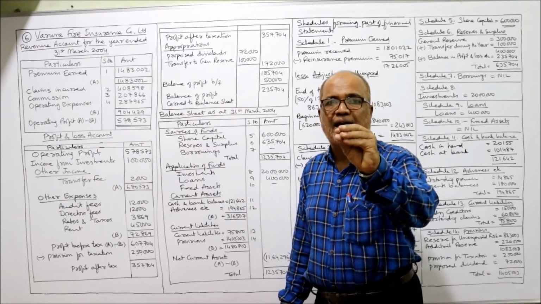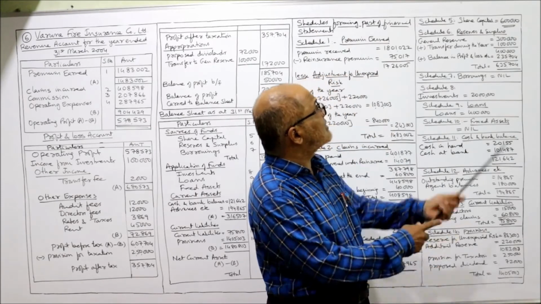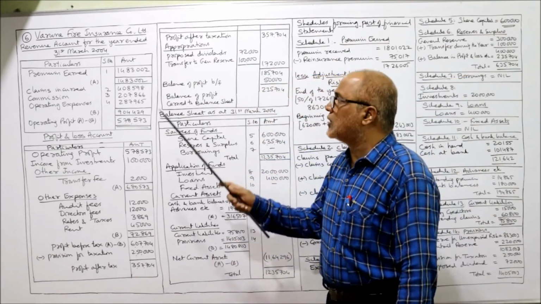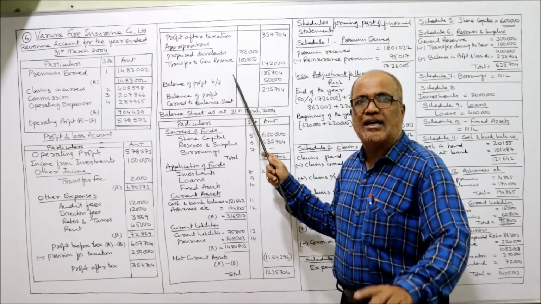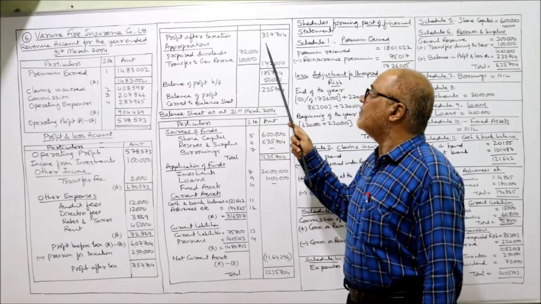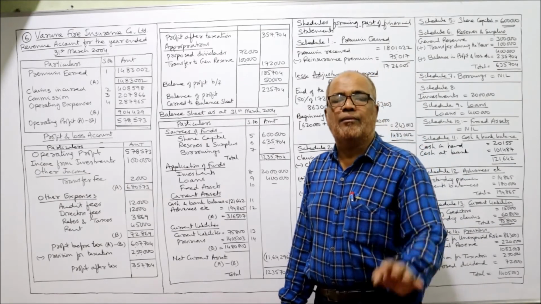Share capital 6 lakh. 12% of 6 lakh, 72,000. Then transfer to general reserve 1 lakh given in the adjustment. So total appropriations are 1,72,000. Deduct, 1,85,704 is the profit remaining.